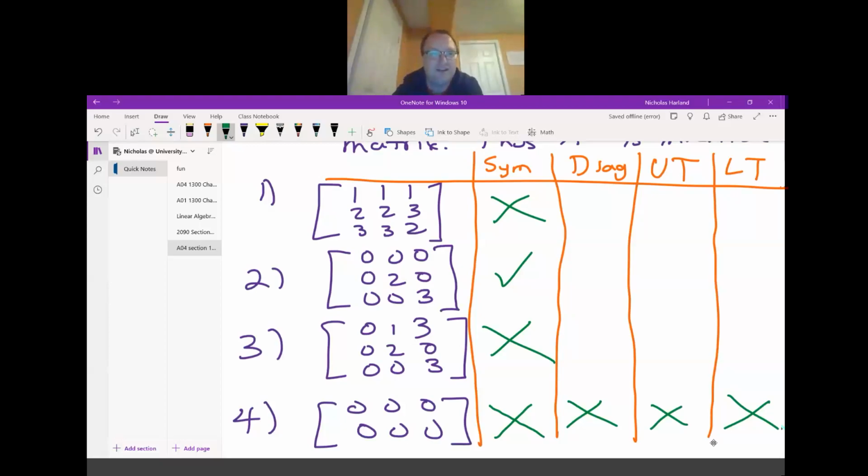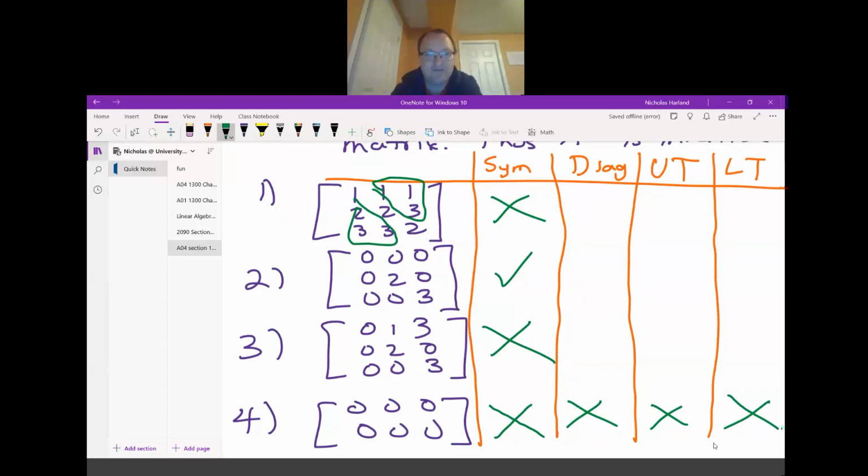Diagonal. Is the first one diagonal? It's okay, I'll take away the number soon enough. No, it's not diagonal. Why not? Yeah, so to be diagonal, everything off the main diagonal has to be 0.